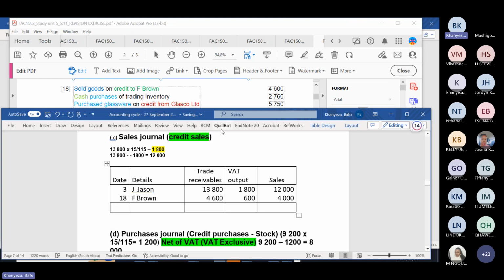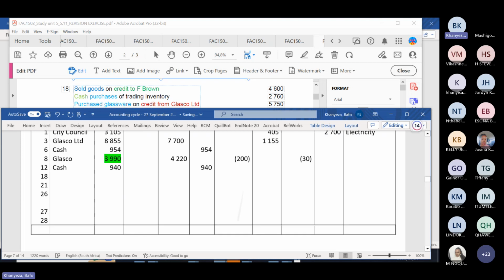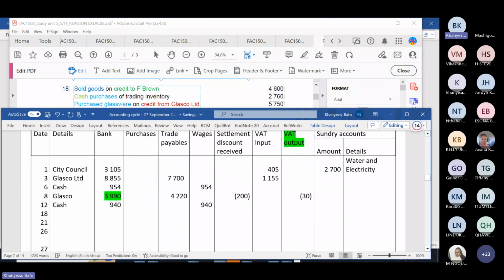Then we move on to day 18. Cash purchases of trading inventory. The moment I say cash, it is cash payment or cash receipt. So we're going to cash payment. On cash payment, we're going to have cash, but we don't have the name of whoever we paid.